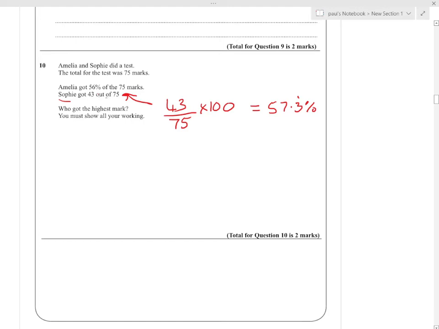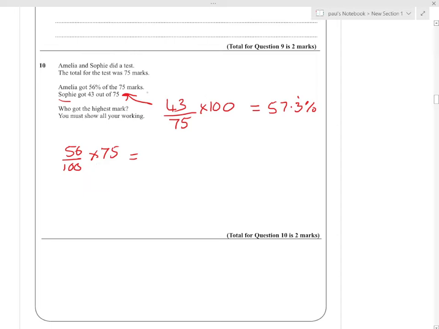Yeah. 43 out of 75 times 100. Have I done that right? What about this? 56% times 75. So 56 divided by 100 times 75.